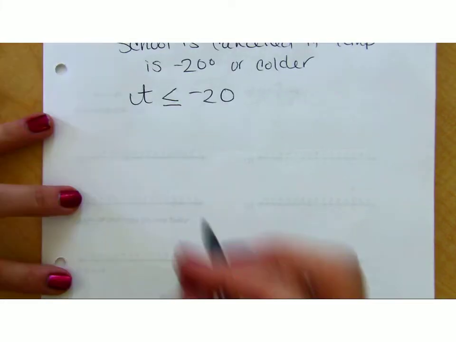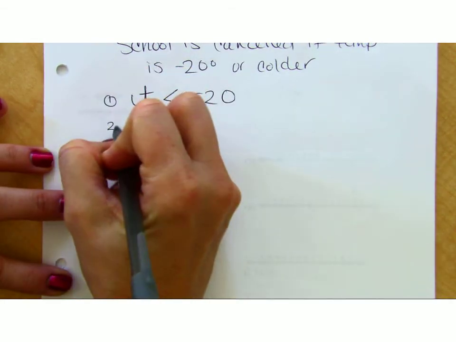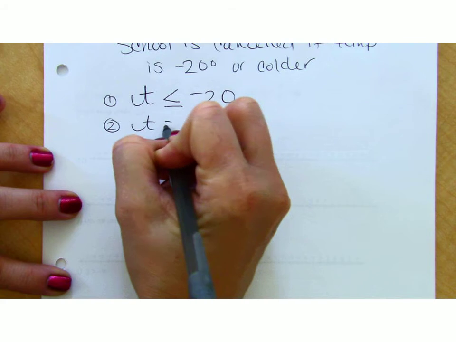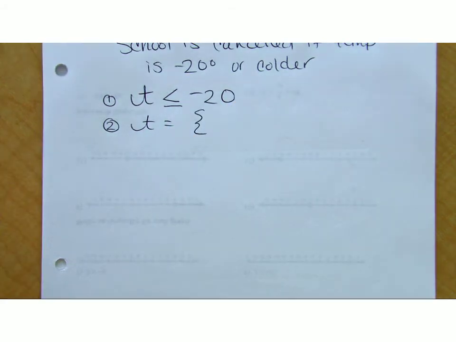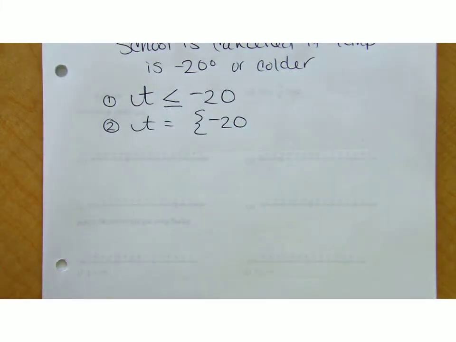So that seems pretty easy. Let's write our list now. So what's the first number that earns us a day off of school? Yes. If it is 19 below, put your hats and your mittens on. You're coming to school. Boo, right?